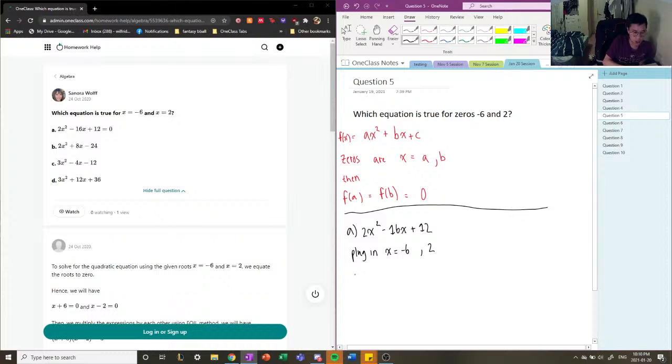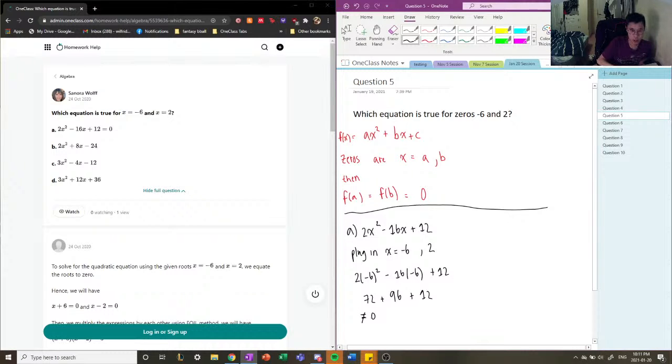Okay, so if 2 times -6 squared minus 16 times -6 plus 12, what does that equal to? 72 plus 96 plus 12. Okay, so that does not equal 0. We're not even going to evaluate that.